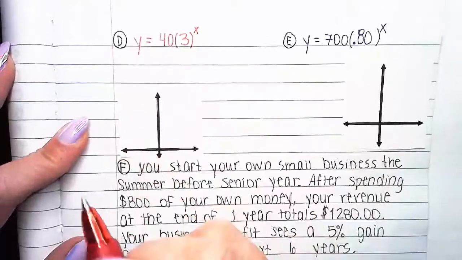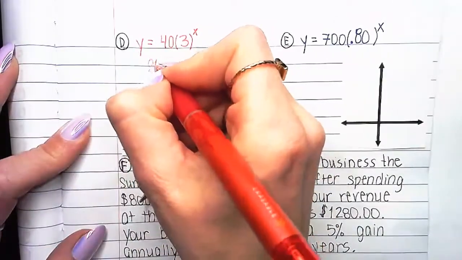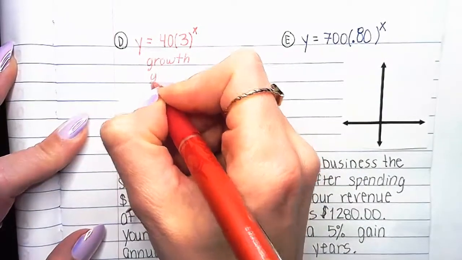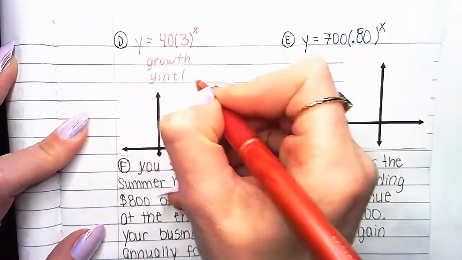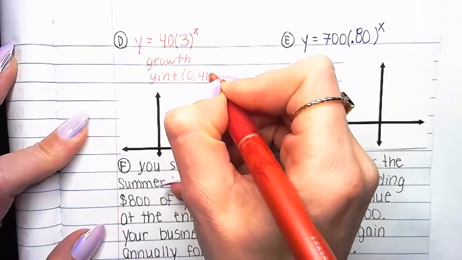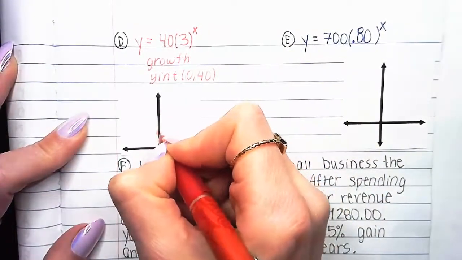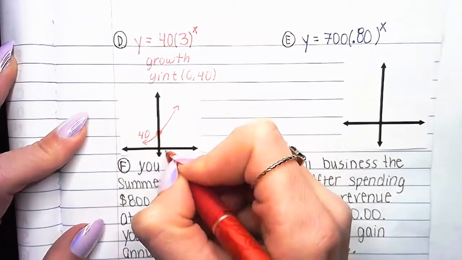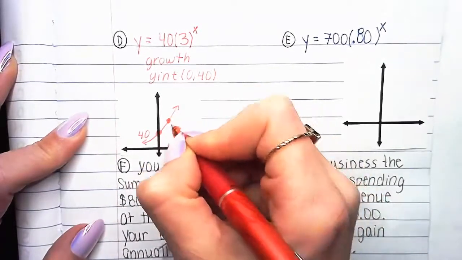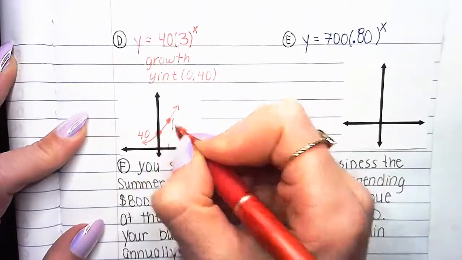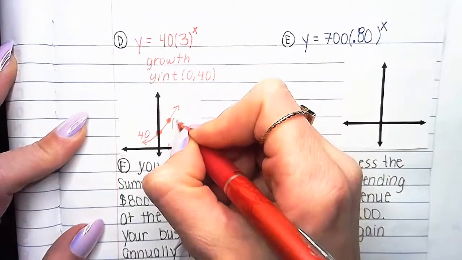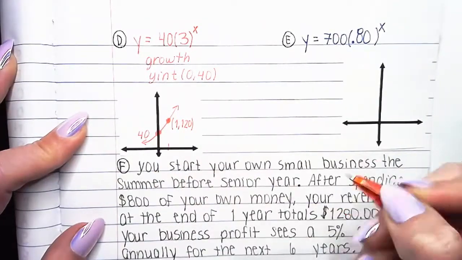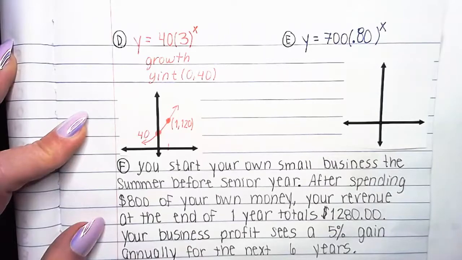Is this growth or decay? What's your y-intercept? What's this ordered pair? Is this growth or decay?